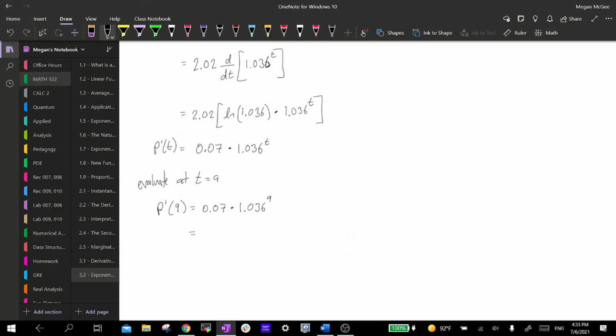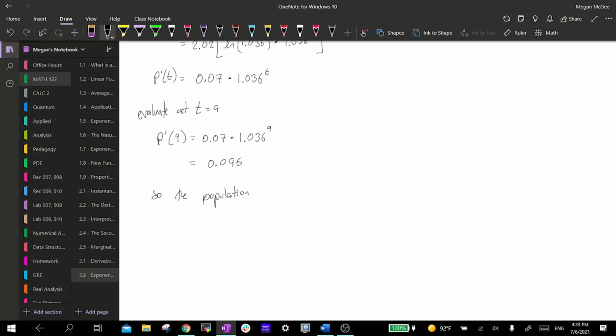And again, a calculator will tell us that we end up with 0.096. And we remember that P was in millions of people. So this seems like a small number, this 0.096, but it's 0.096 million. And again, it's positive, so it's growing.